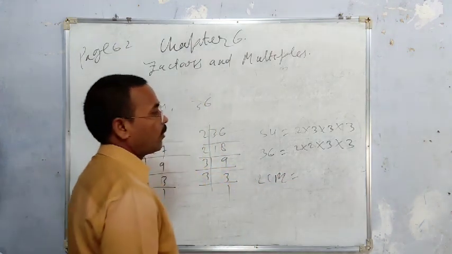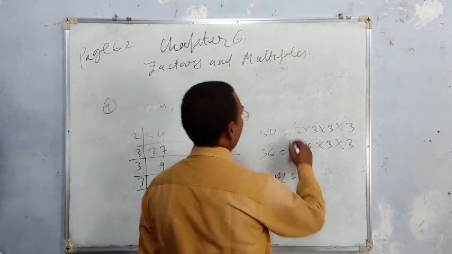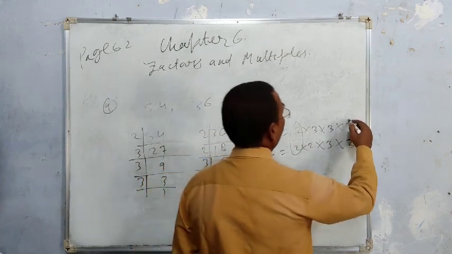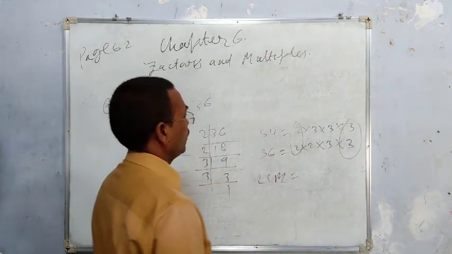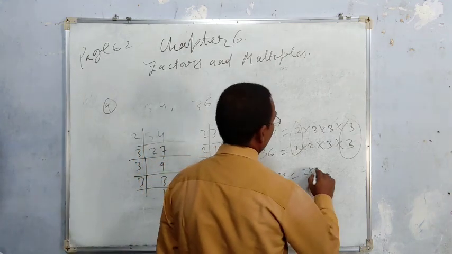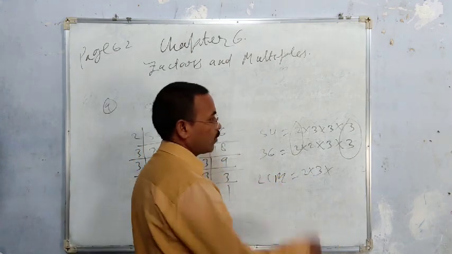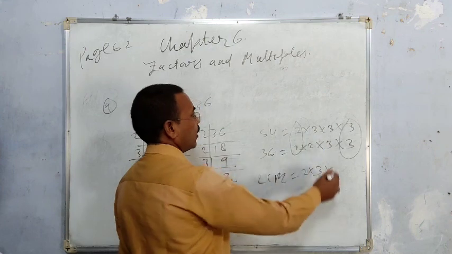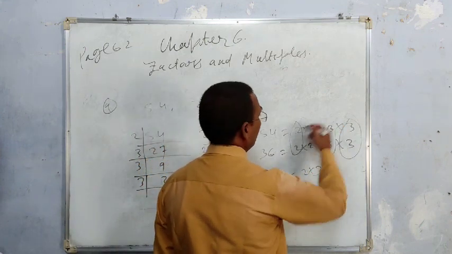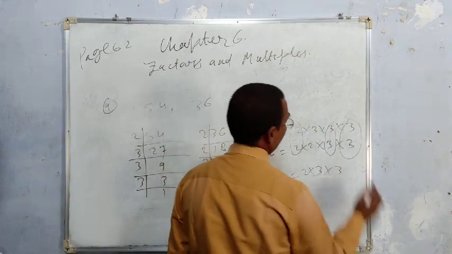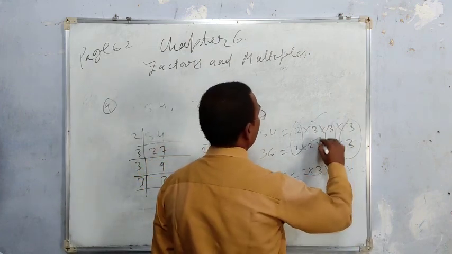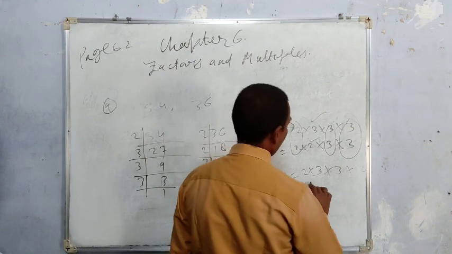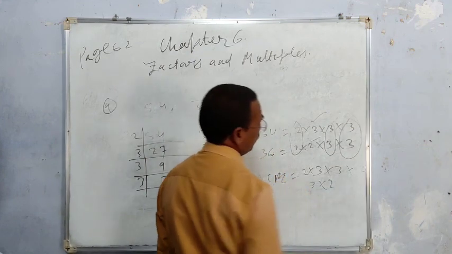Then select the common factors. Here one pair of 2 and one pair of 3 is common. So 2 multiply 3, and then multiply the non-common ones. Here, see, one more pair of 3 is common. Sorry. So 2 times 3 and all the remaining. No number should be left, all numbers should be multiplied.